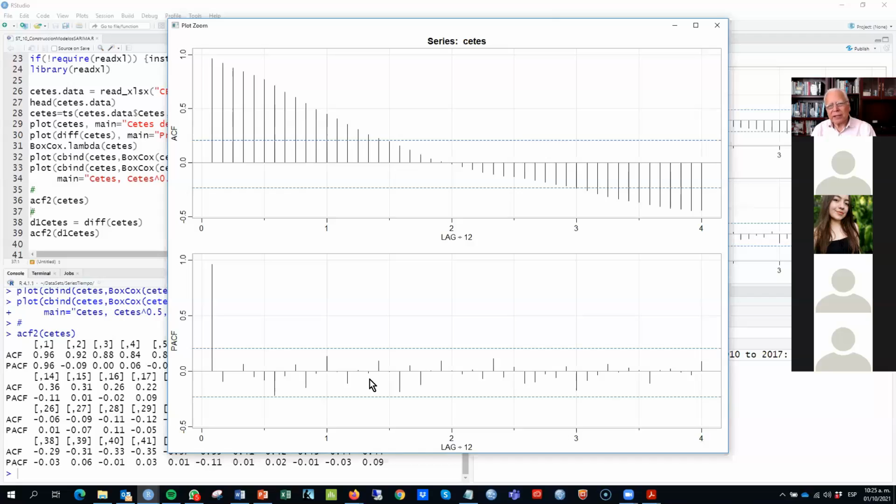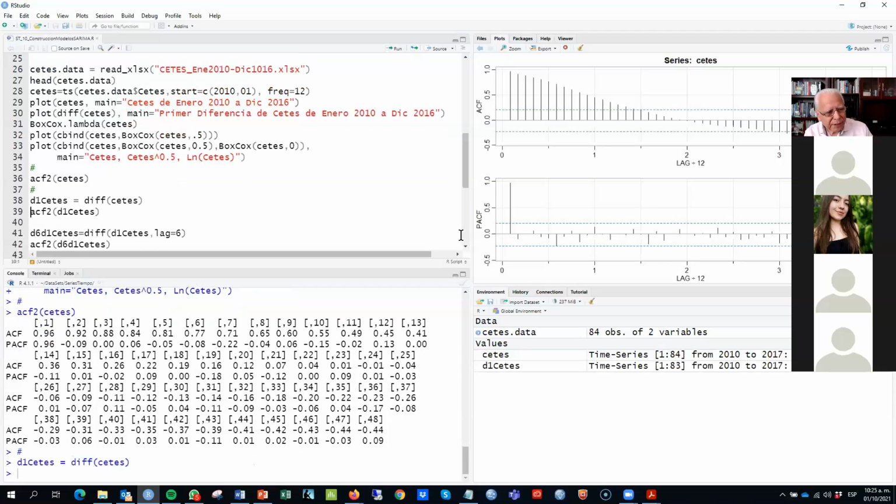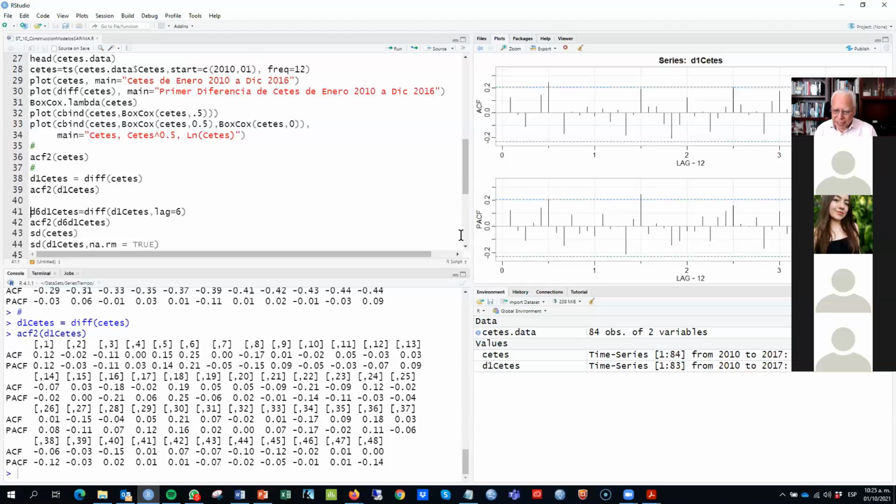So that's a clear indication that we need to take a difference here. And with these plots, you cannot distinguish the seasonal component because we still need to take a difference of the series. So I'll call D1 CETES the first difference. And now look at the ACF and PACF, and we observe what we saw earlier.